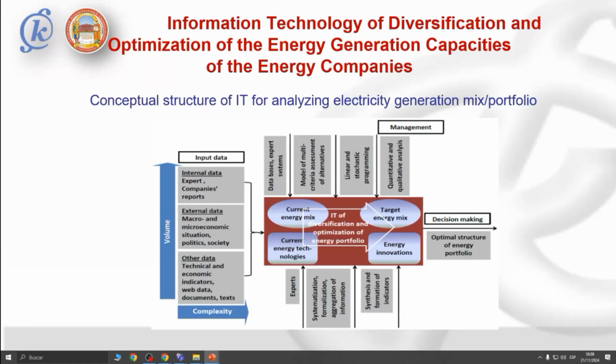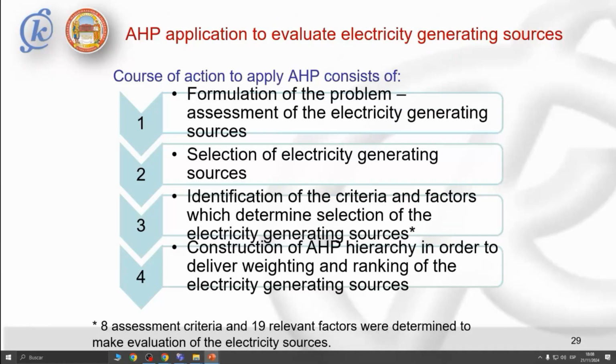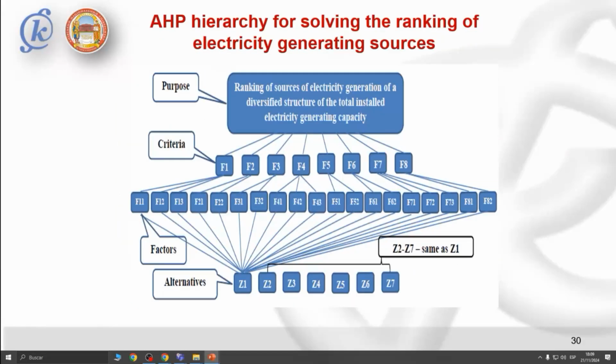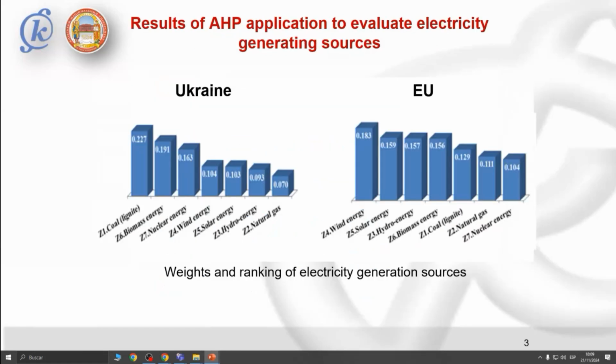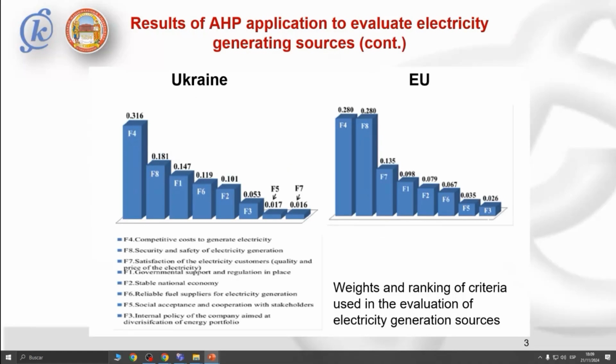It's a dissertation by my PhD students, but the idea was to use different information from European standards. In European countries, they use different types of technology for energy generation. We use the AHP hierarchy method of Saaty to analyze the situation in Europe and find a solution for Ukraine. And we found similar solutions very useful for Ukraine.